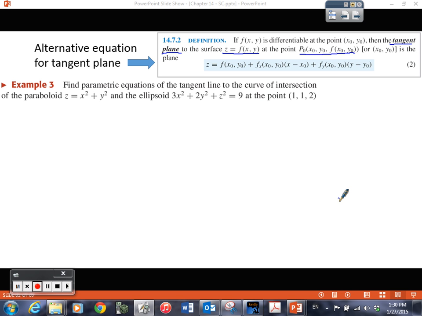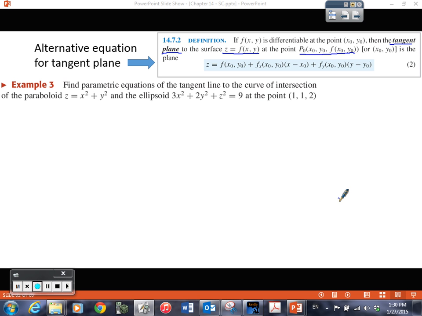So if you cross the gradients of each of our surfaces, say a surface called F and a surface called G, you're going to get a tangent vector to the curve of the intersection. With all that in mind, let's take a look at what they're asking us to do.